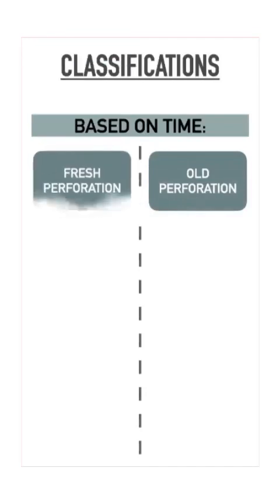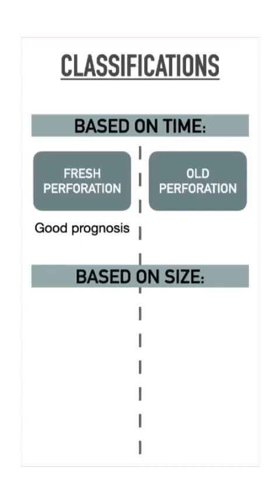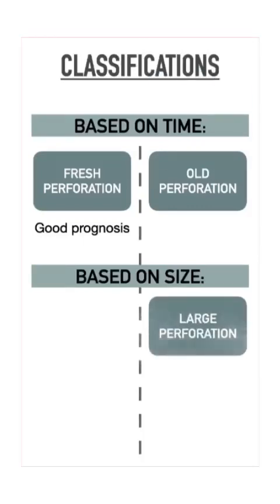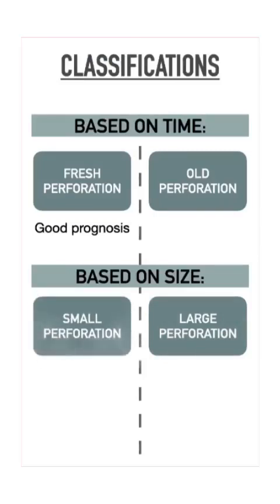And they could be classified according to the time of the perforation. It could be an old perforation or a fresh perforation. And when having a more recent perforation, it could lead to a better prognosis. And it could be based on size, large perforation or a small perforation.